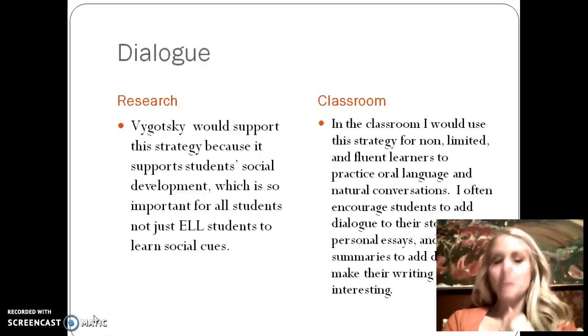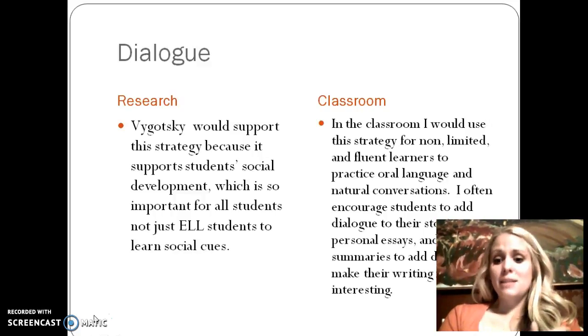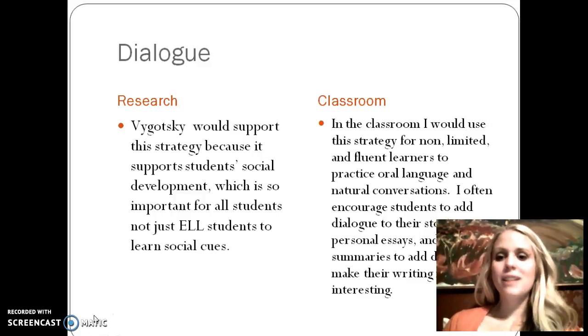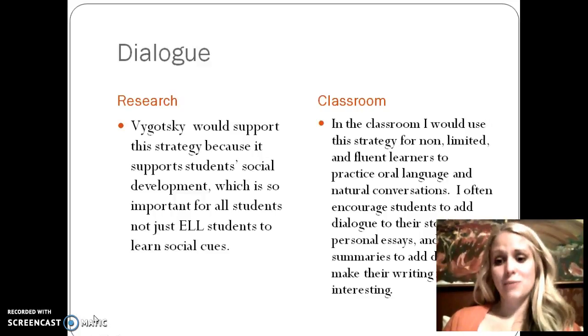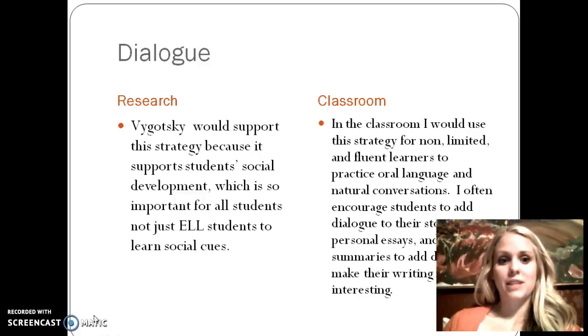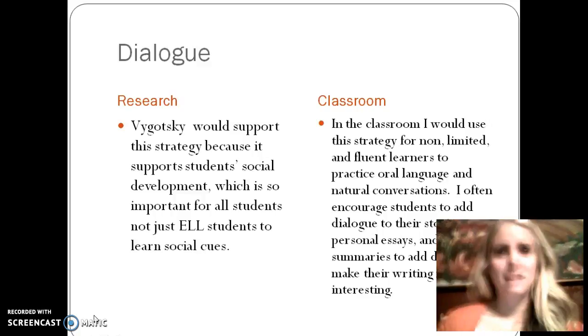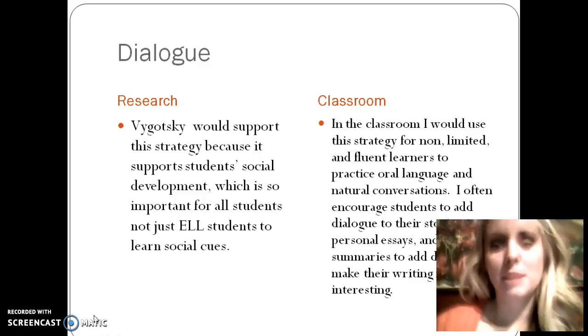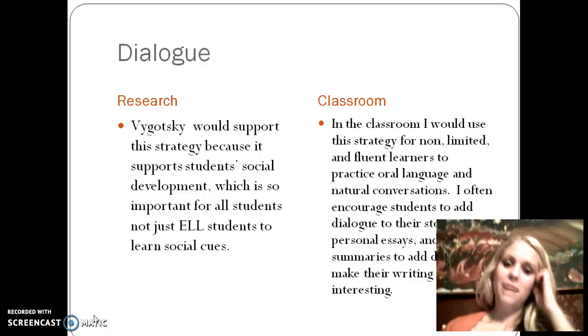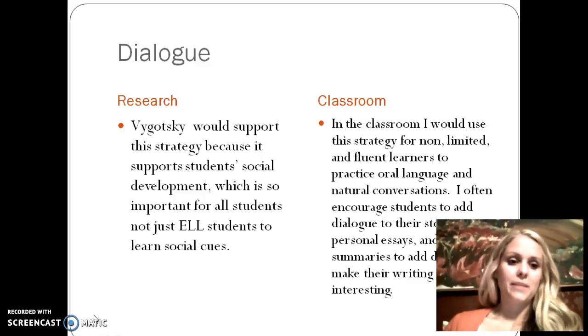The reason why I have non-English learners in there is that I would not just throw them in and say, okay, now you have to write this big long story and add dialogue. But dialogue is a great way to start so that they can get practice with those conversations. So obviously their project would look different from the other students', but you're still working on the same skill.